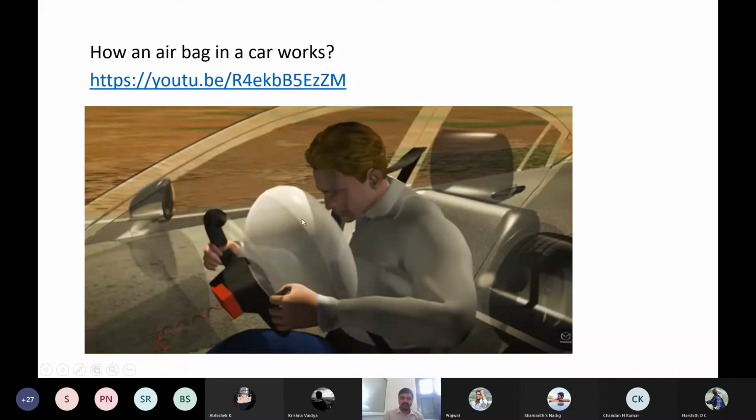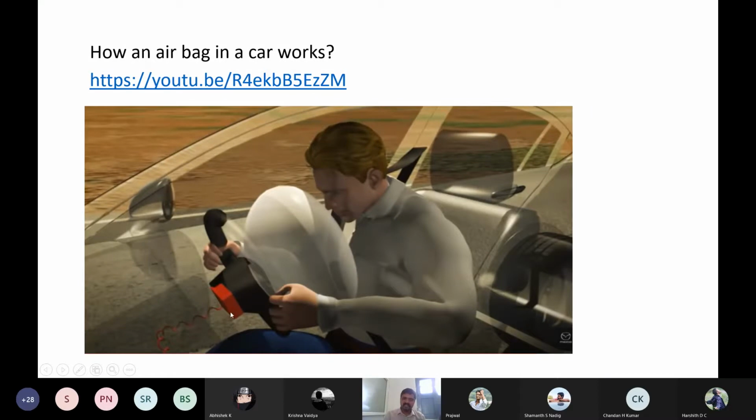How an airbag works in modern cars, you can understand by watching this video. Later I will share the link of this video. With the help of this video you can understand how an airbag works. Usually when there is an accident, the car will stop suddenly, so there will be sudden deceleration. If the car stops suddenly, there are some vibrations.